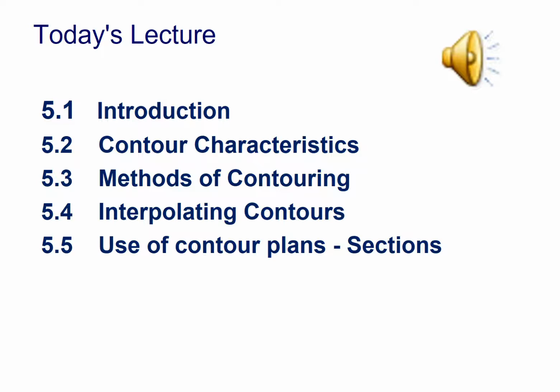The first by estimation, which whilst not recommended because it's not very accurate, is a very good way of checking that the map that you've drawn is in the right realm. The second way is mathematically, and that's the way that I want you to do it within this course. And then finally the graphical way of doing contours, where you draw it on a tracing pad and do it graphically on a plan. And then we finished off just by how to draw sections using a contour map.